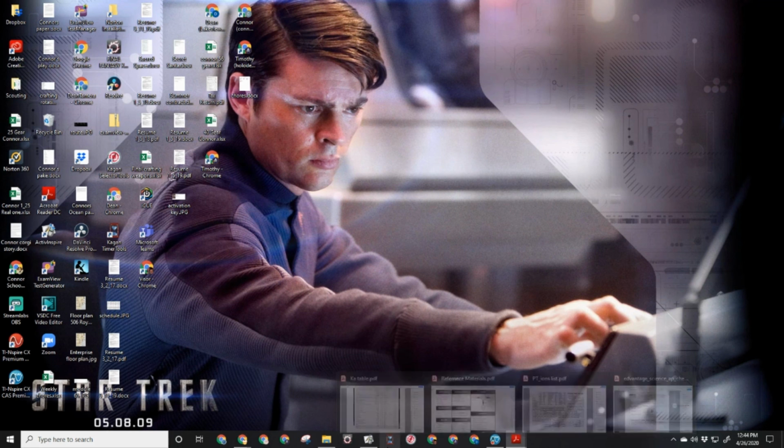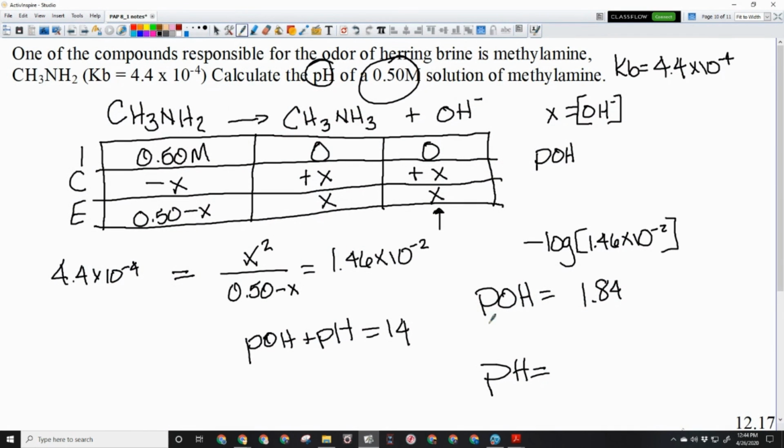So the pH is 12.16. Okay, the key says 12.17, but that's probably because we used our x solve on our CAS. So let's do this again, not doing the x solve, like if you don't have the Inspire. So I'm just going to write 12.16 is what I got here.